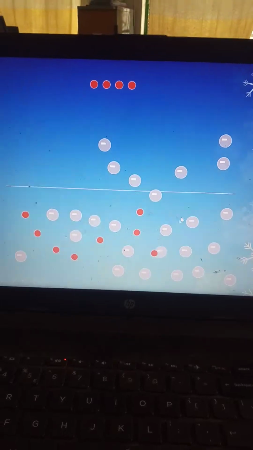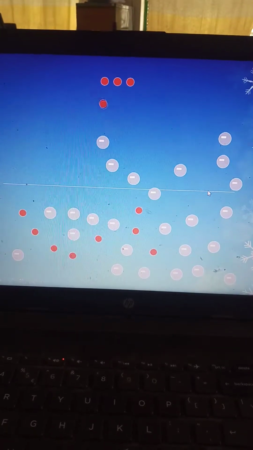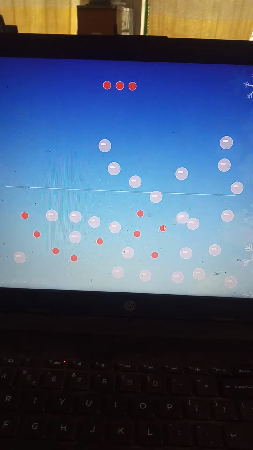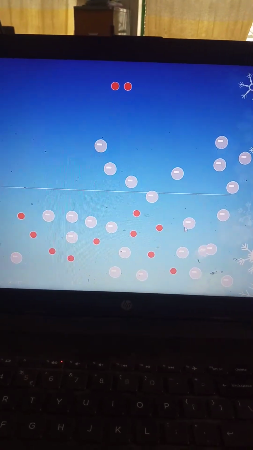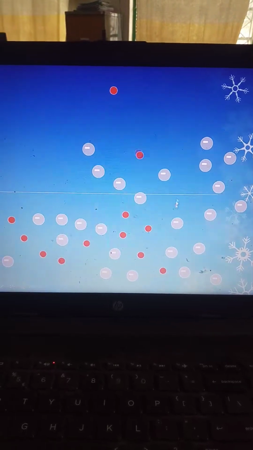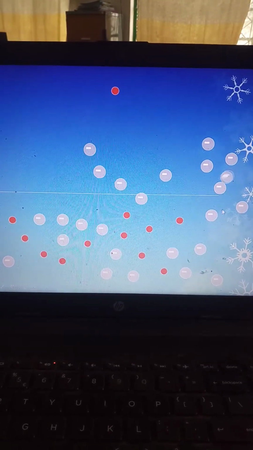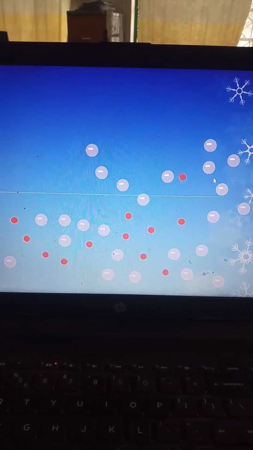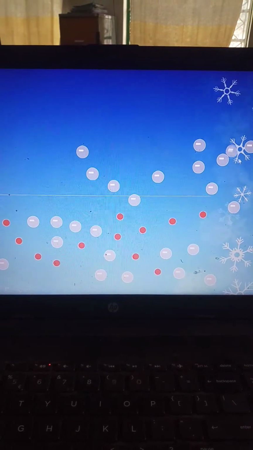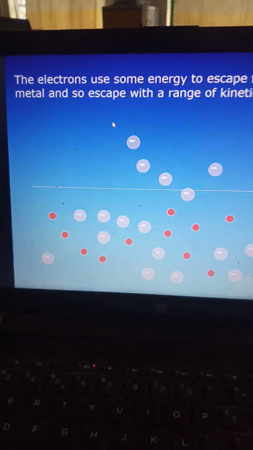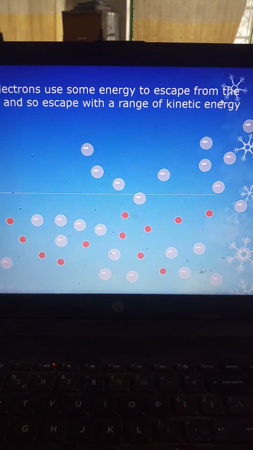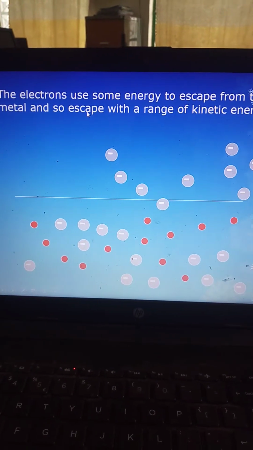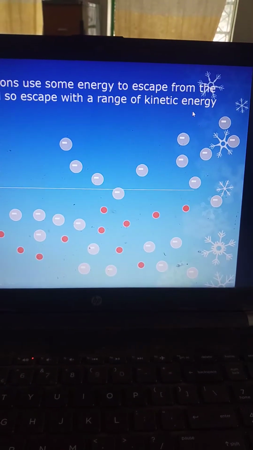These are photons. Correct? Seeing that? This one is just close to the surface. It goes the highest. The electron uses some energy to escape from the metal and so escapes with a range of kinetic energy.